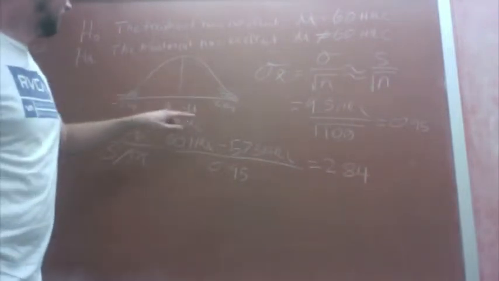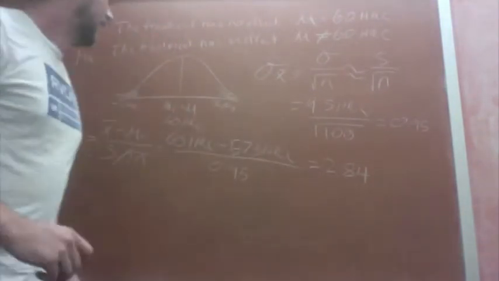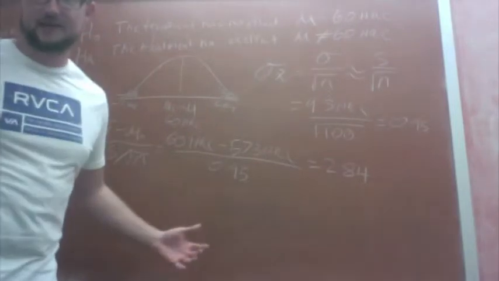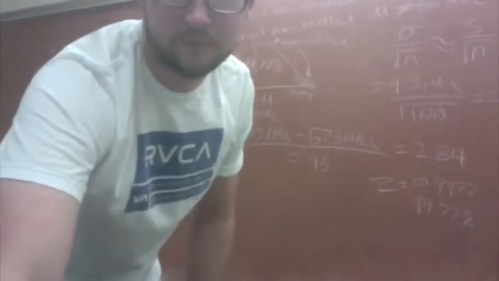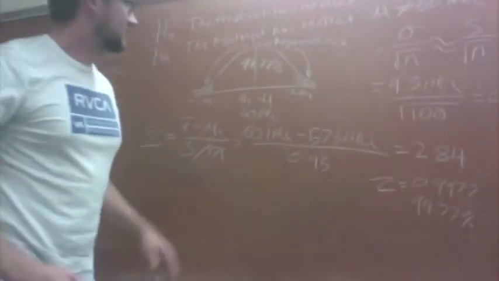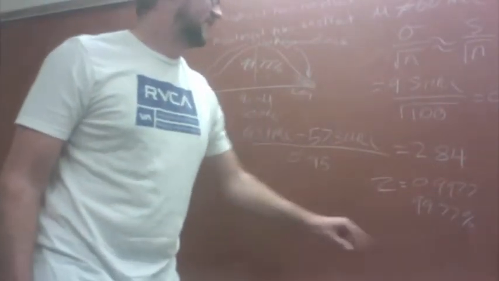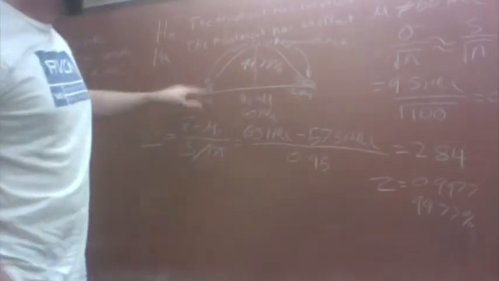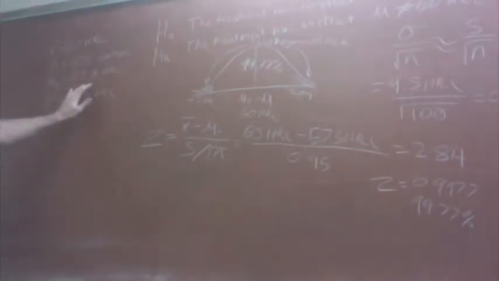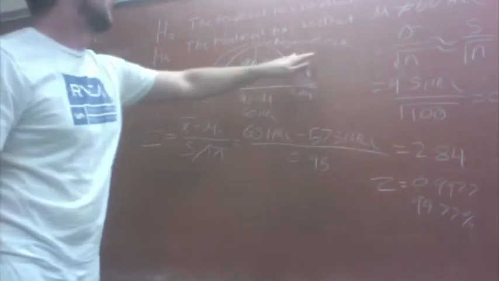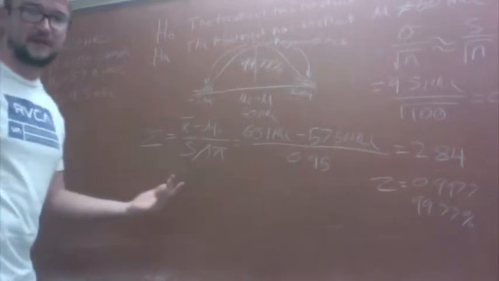So from this z-score that we know is 2.84, we can now look it up on the table and figure out what the percentage is of this area that's all in between these two values. So because of our z-score, this is 99.77% of our total data. There's very little chance that anything's going to fall outside of what our mu naught is at 57.3. There's a 0.023 chance that it'll be outside, but it's very small.